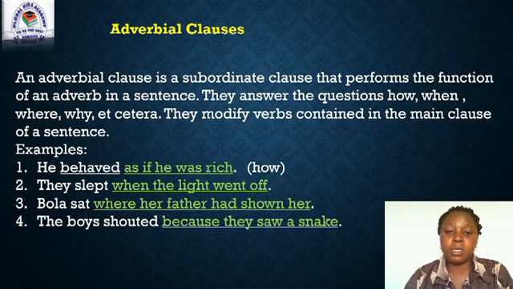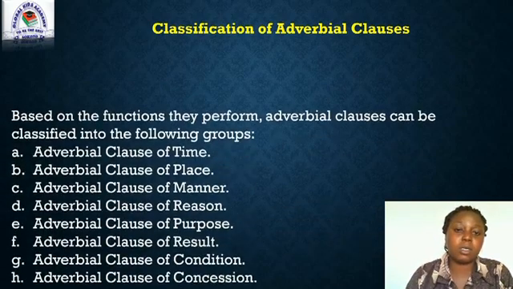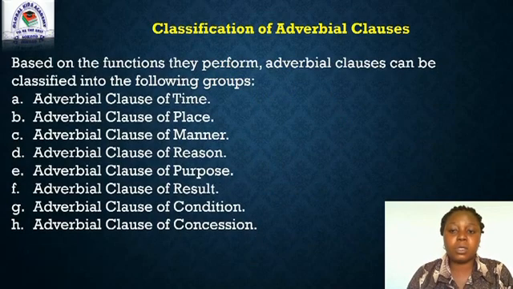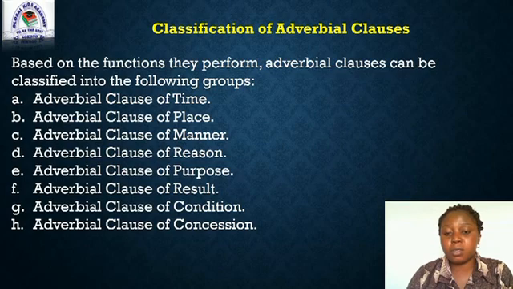So adverbial clauses are subordinate clauses that perform functions of adverbs in sentences. Now, based on the functions they perform, adverbial clauses can be classified into the following groups. We have adverbial clauses of time, place, manner, reason, purpose, result, condition, and of concession.